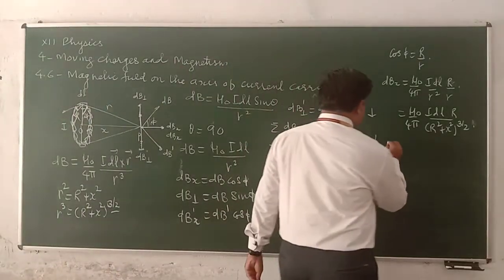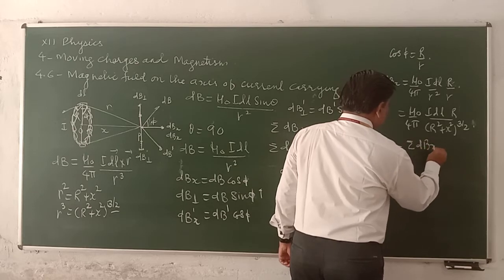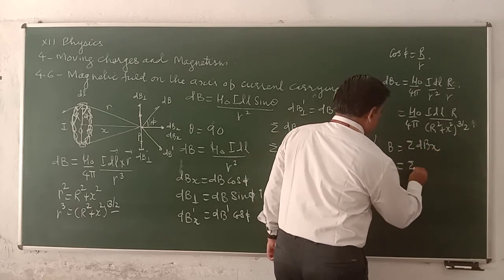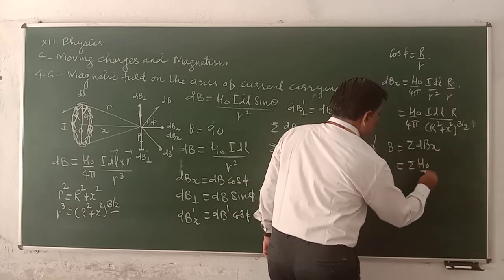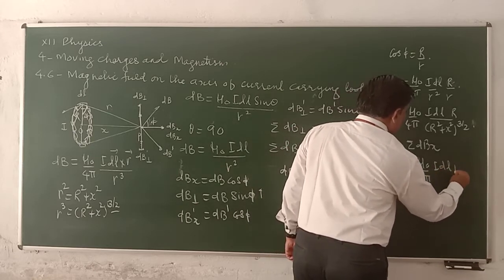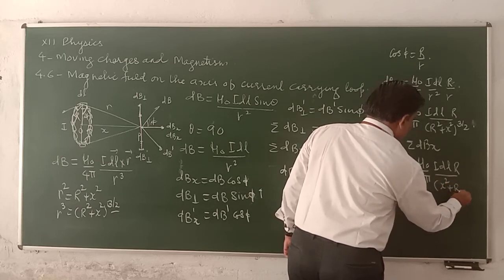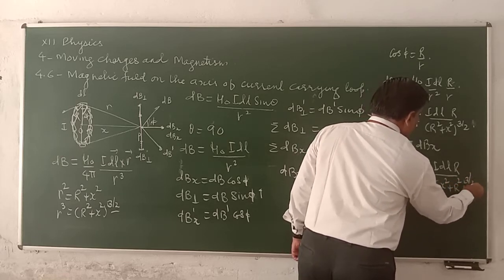So total B is equal to summation dBx, which is equal to summation mu 0 upon 4 pi I dl r upon x square plus r square raised to 3 by 2.